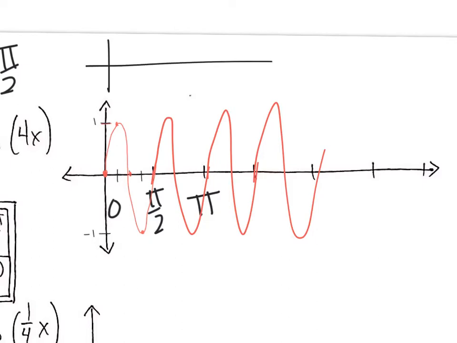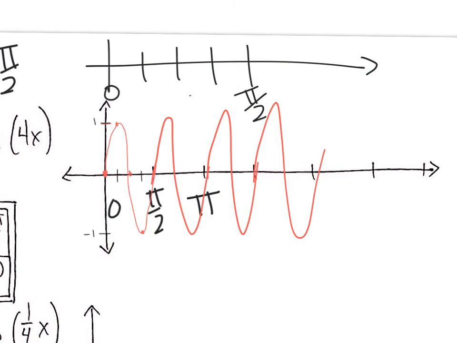If you wanted to make it look a little neater, you could say 1, 2, 3, 4, because we know it goes through these 4 patterns: up, middle, down, middle. And we know that the period is pi over 2, so if we split that up, this is basically drawing this, but on a stretched out axis.